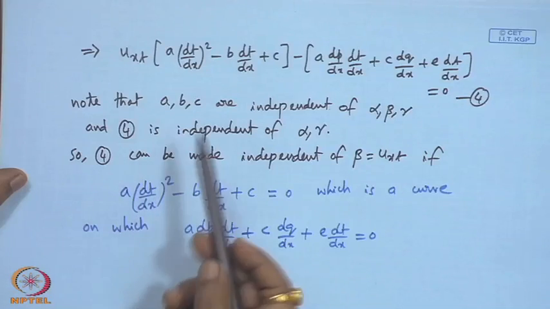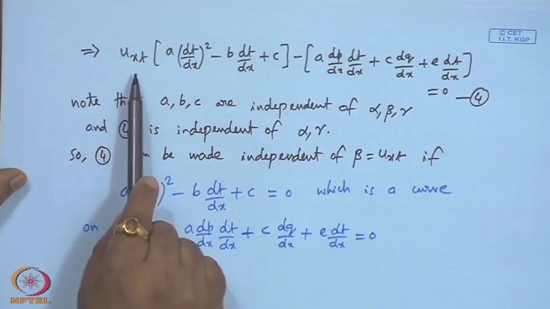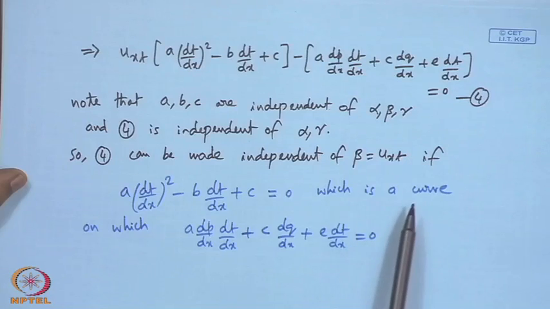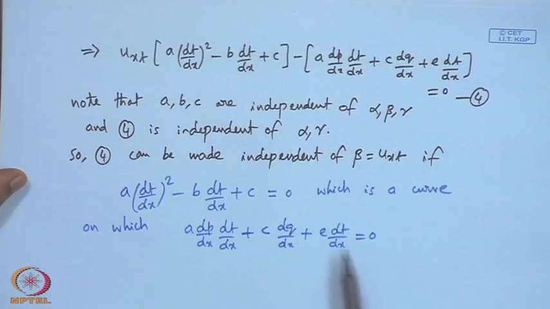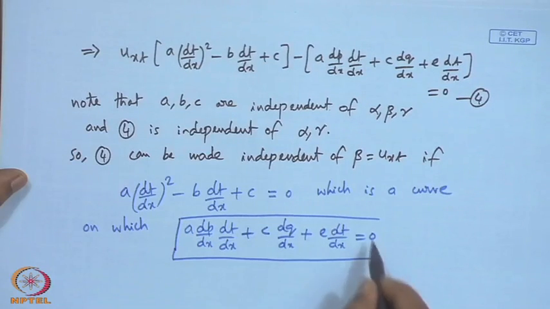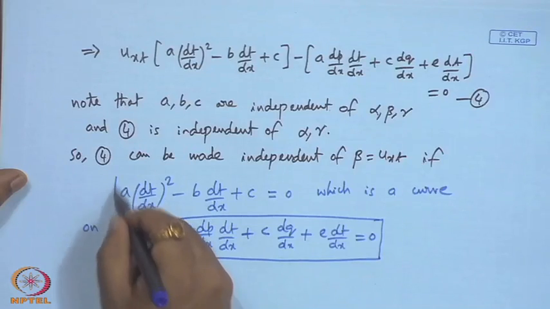So, this is also independent of beta if this is 0. That means it is a curve on which this relation holds. So, this is very important for us.